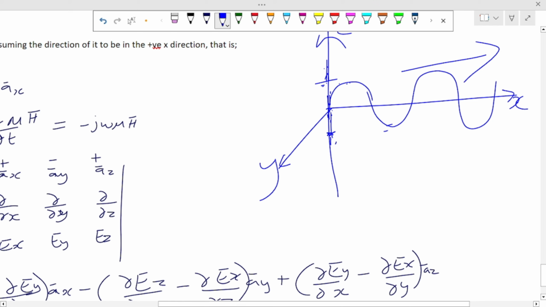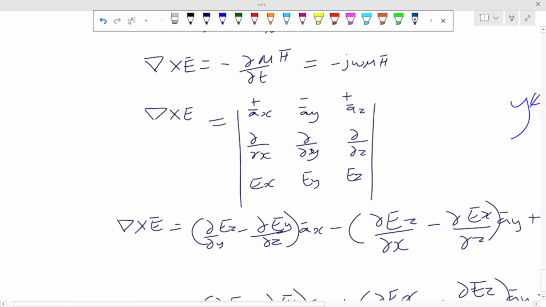It will have different values at different points. That's what we mean by it has z component, because we have values. The highest point, measure it. The lowest point, measure it. At this point, measure it. But in which direction? In x direction. It's moving in x direction. So that's what we mean by that.